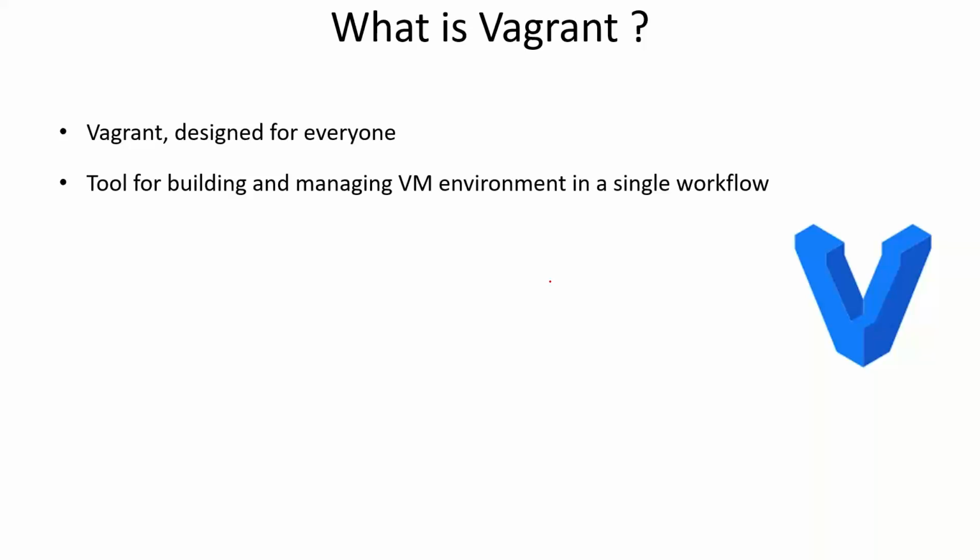So the idea of Vagrant can be understood something like this. I want to plan the provisioning or building of a VM in a single workflow. That means I write a workflow. In that workflow, I want a VM to be created and I want the VM to be destroyed.